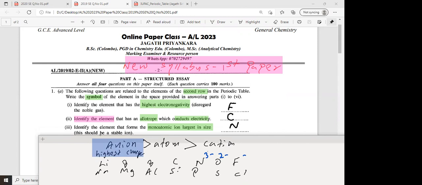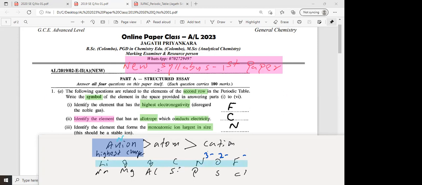Okay, anyway, they are given the second row. Second row means you have to select from lithium to fluorine. Therefore, N3 minus will be the largest anion.